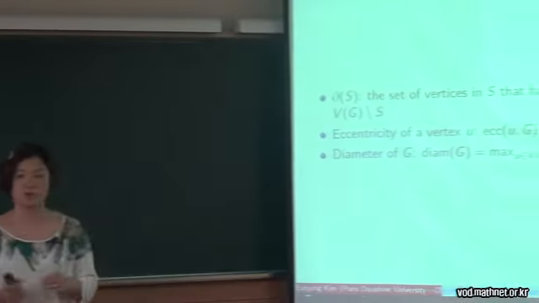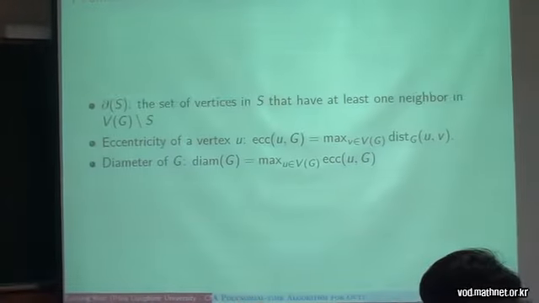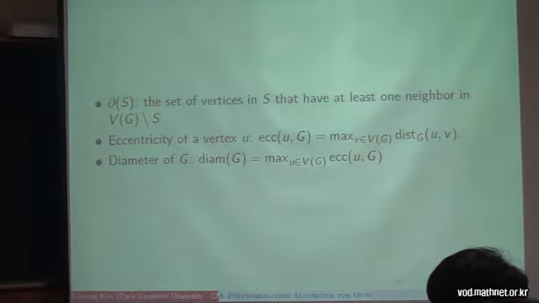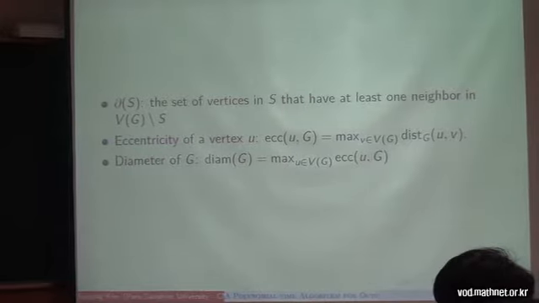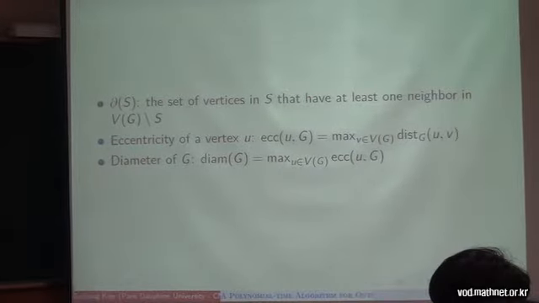So you compute the eccentricity of a specific vertex U. I look at all the distances between U and V for every V and take the maximum. Diameter is the maximum of the eccentricities. So in particular, I take the maximum of the maximum distance over every vertex.